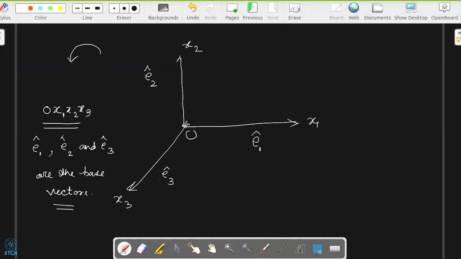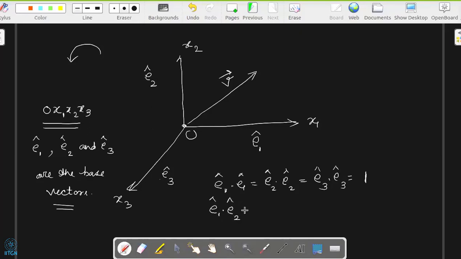Now let's say we have some vector, and before that it must satisfy this condition also: e1 cap dot e1 cap, e2 cap dot e2 cap, e3 cap dot e3 cap is equal to 1, and the dot product with another base vector should be equal to 0 in order to maintain the condition of perpendicularity: e1 dot e2, e2 dot e3 is equal to 0.